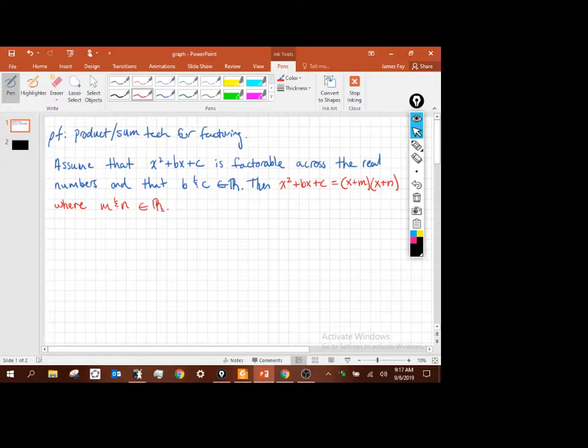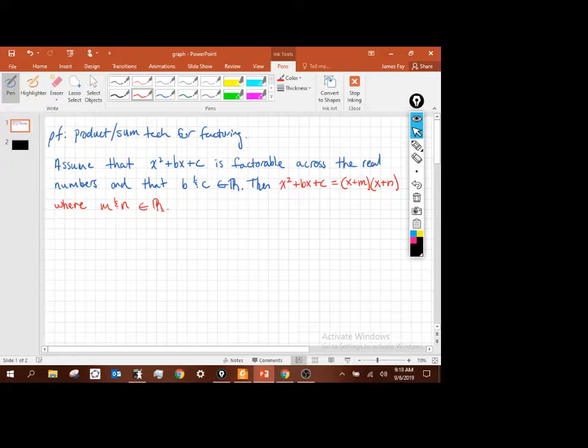Okay, so if it's a trinomial and it's factorable, we know it should factor to x plus something times x plus something, right? Does that make sense? Okay. Now those somethings, I'm going to make them arbitrary. I'm going to make them m and n. You can use any letters you want. A lot of times when you see a proof like this, they might use p and q. But x squared plus bx plus c, that's what we started with.